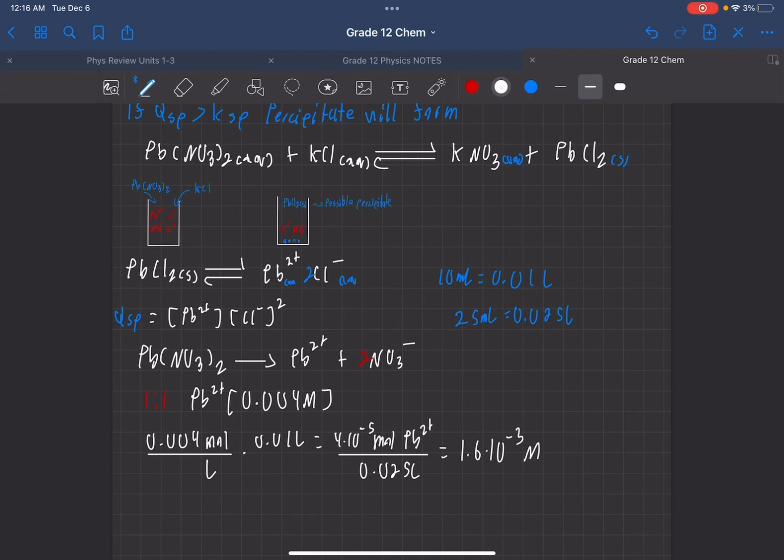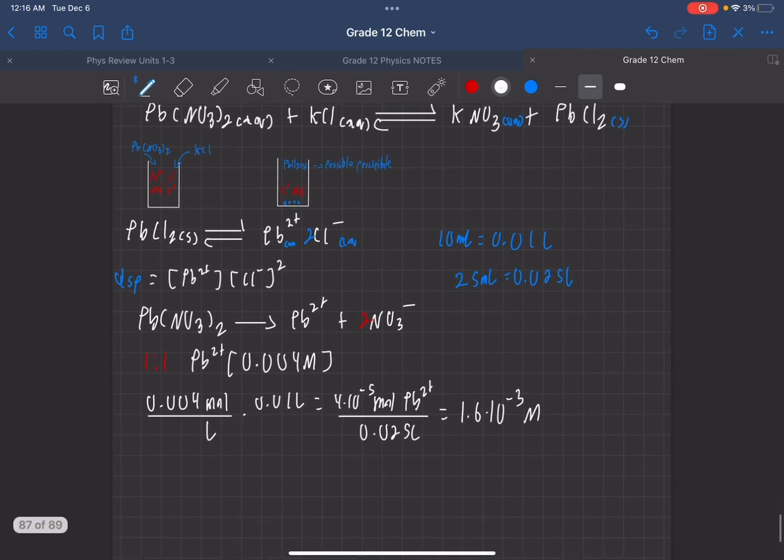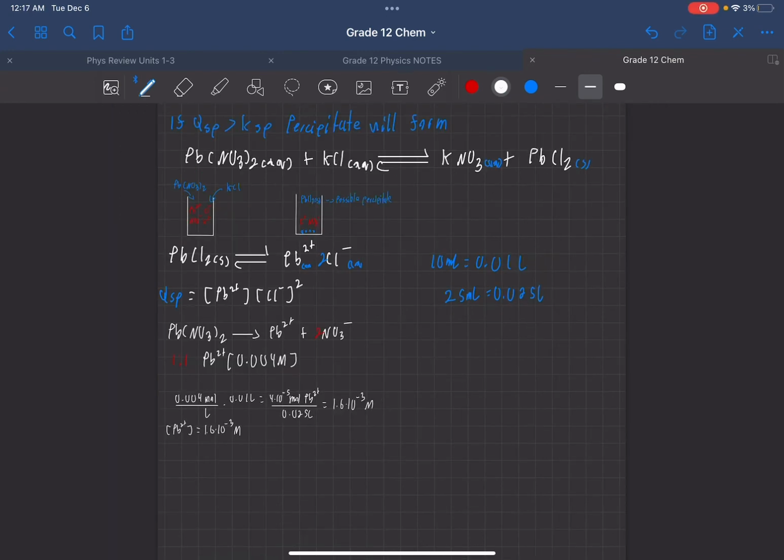That's our concentration. So the concentration of Pb2+ in this solution equals 1.6 times 10 to the negative 3 molar.